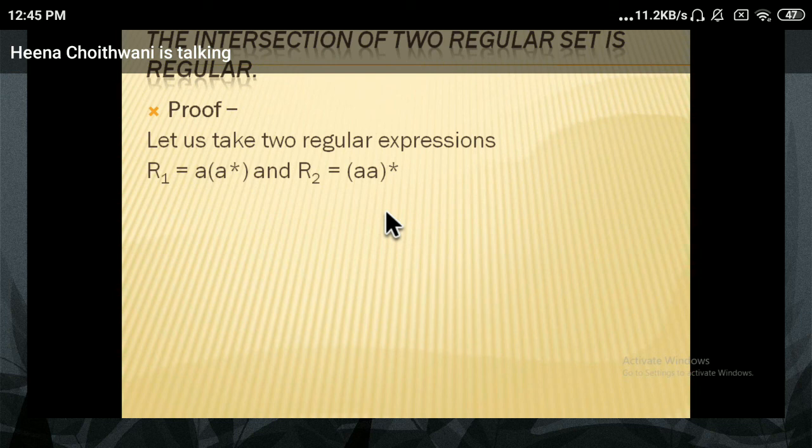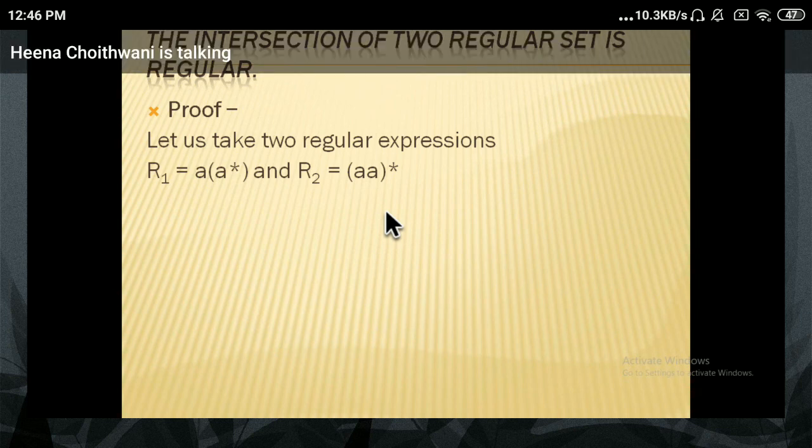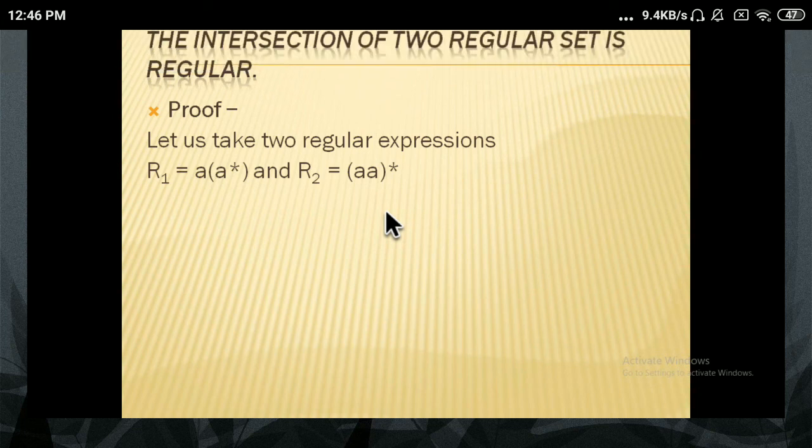Tell me what my R1 language contains and what my R2 language contains. What will be the strings in R1 and R2? Let's start with R1. Tell me the first string of R1. That is very easy: A. What about the second string? AA.